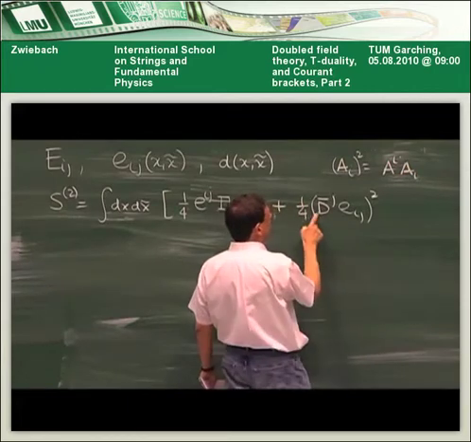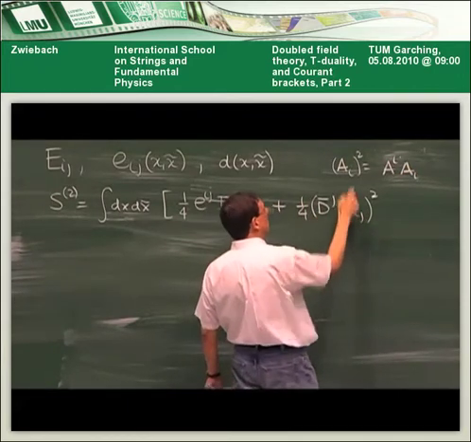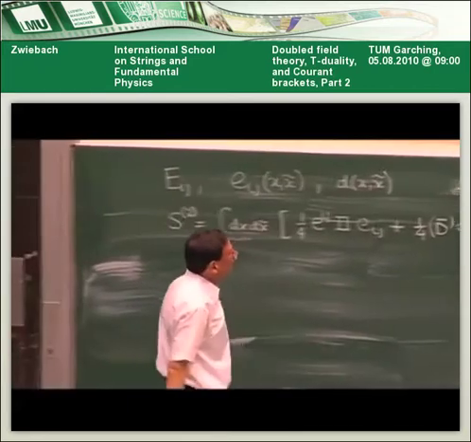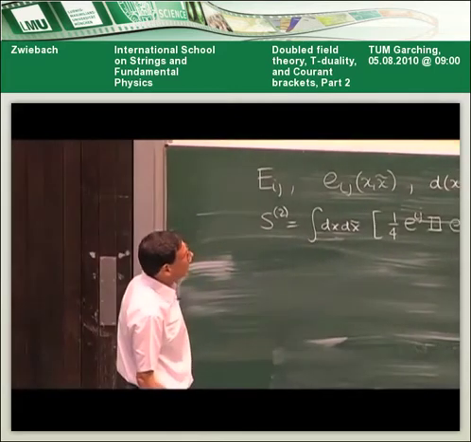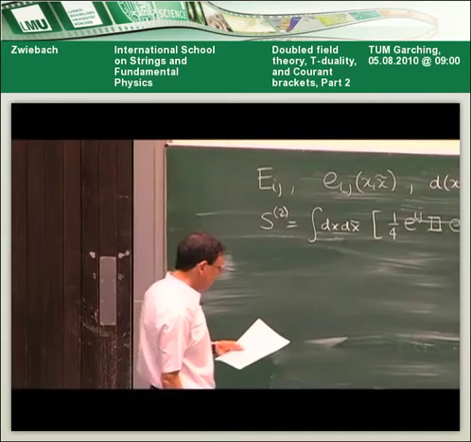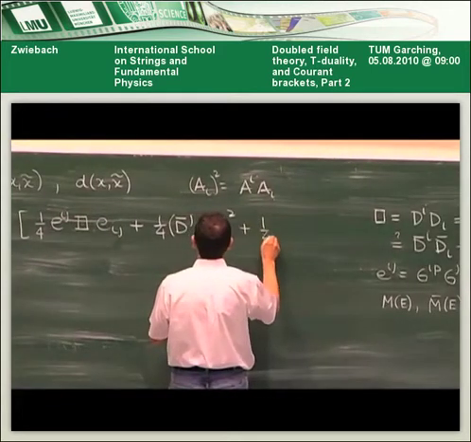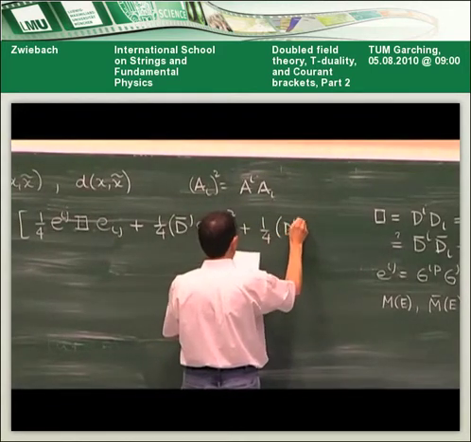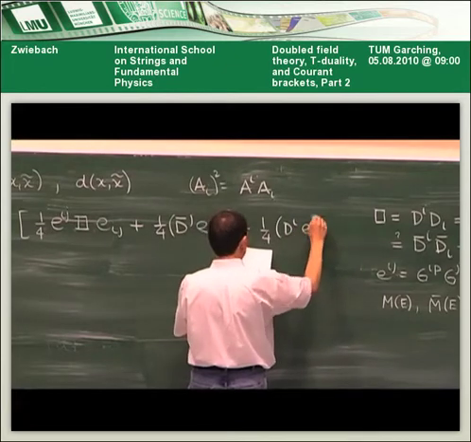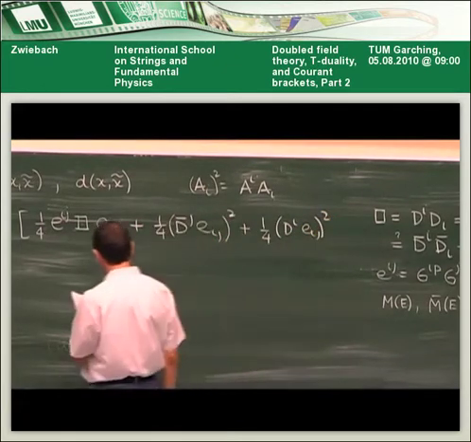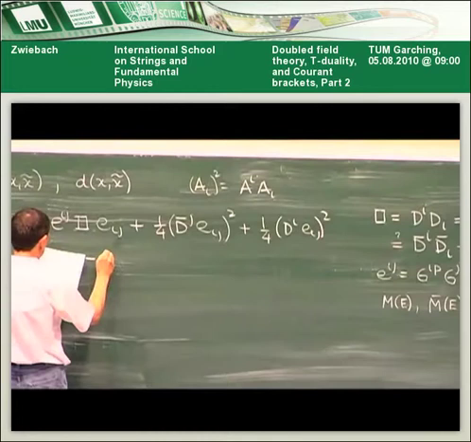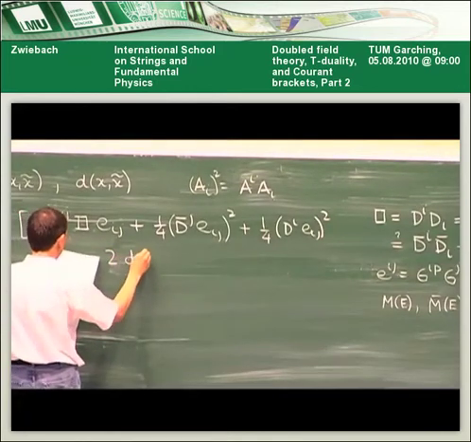And so you write this thing again and you raise the index I, and that's fine, that's a scalar, that's a good one. And then we can write plus 1/4 (D^I e_IJ) squared. And then dilaton couplings to the metric.